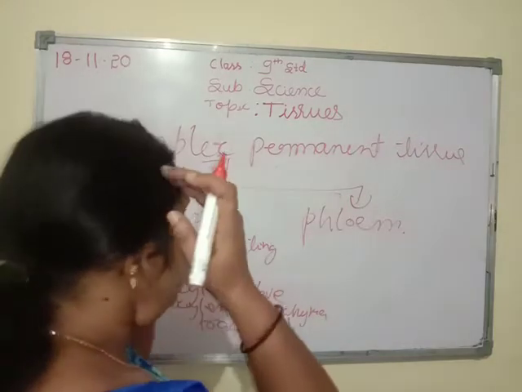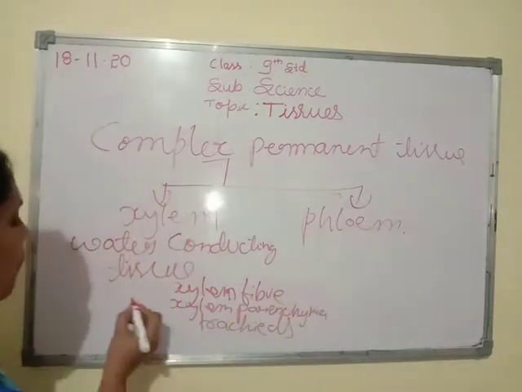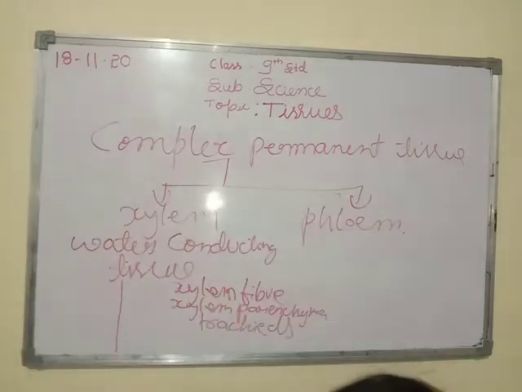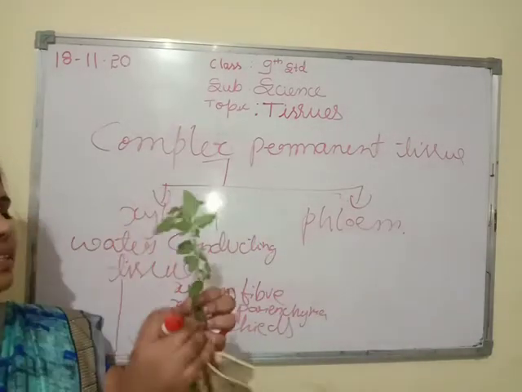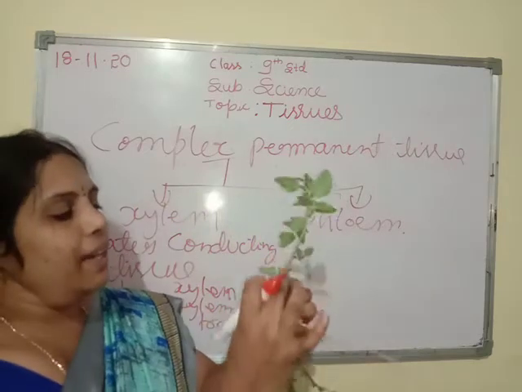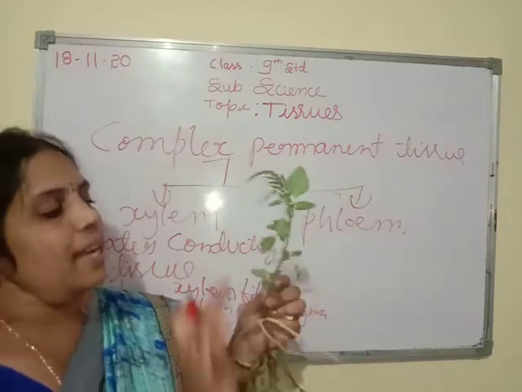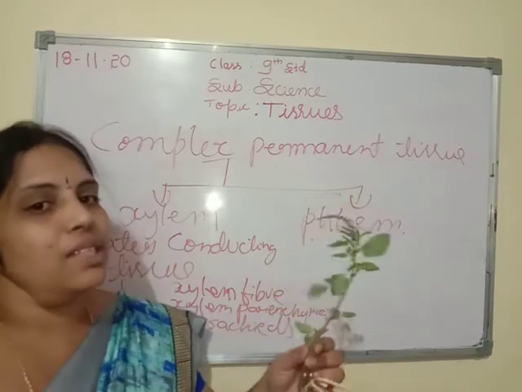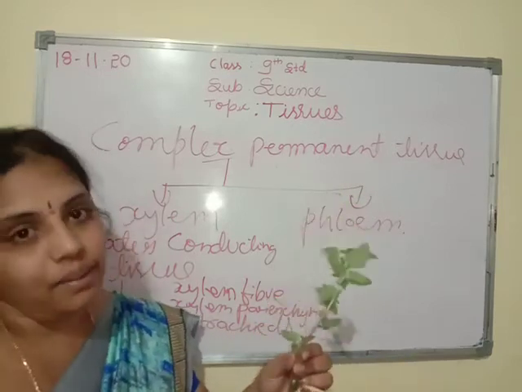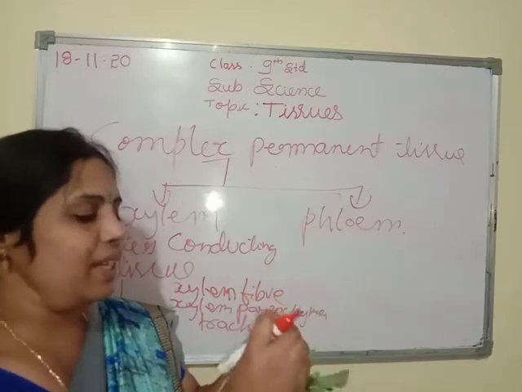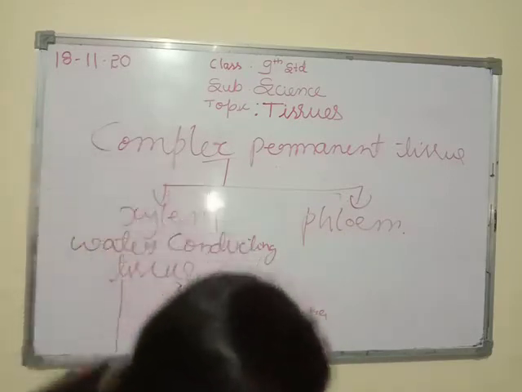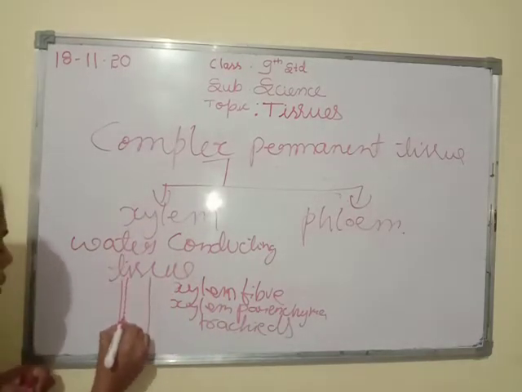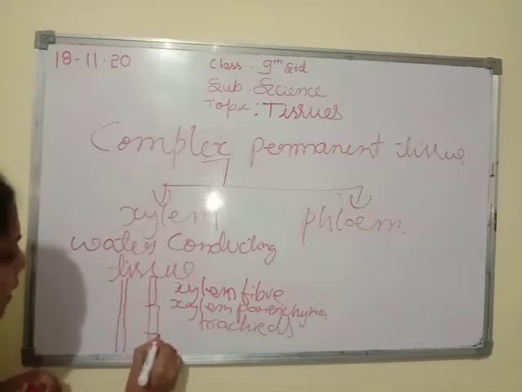So here is the structure of xylem. If you see a plant like this, within the stem it has xylem tissue. We cannot see tissue with our naked eye, but under the microscope we can see it. The cells are like this.